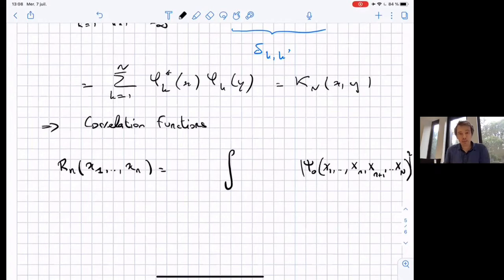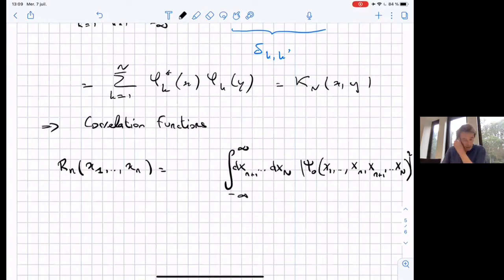Okay, so I keep fixed the small n first variables, and I integrate out over all the other ones. That's a quite natural definition of correlation functions, and that means that here I integrate over the xn plus 1 up to xn, and in principle I integrate them over the full real line.